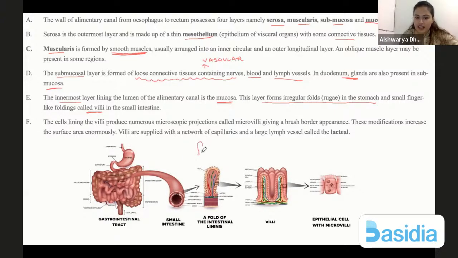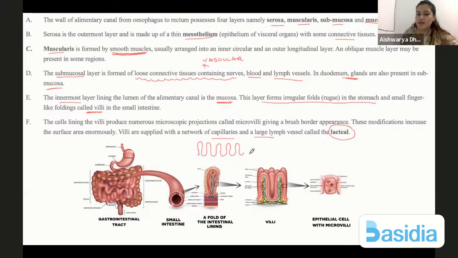Villi are again finger-like projections like this, and they form connections with the lymph vessels and some capillaries, and together they are known as the lacteals. So this is the actual diagram of the lacteal. If you see here, there are blood vessels or capillaries present, and they have lacteals also.